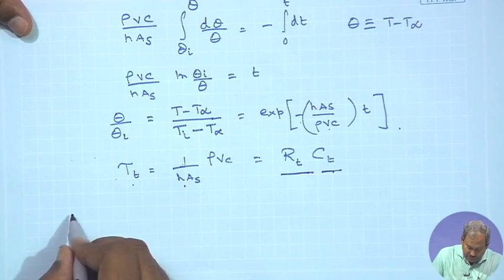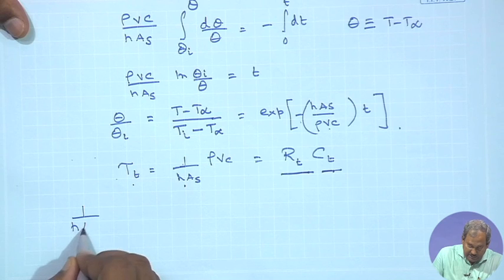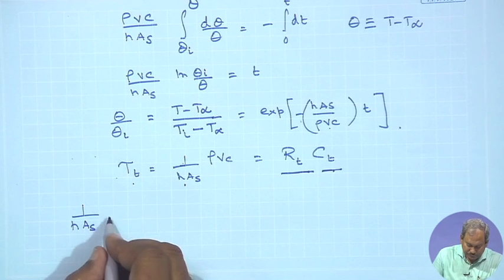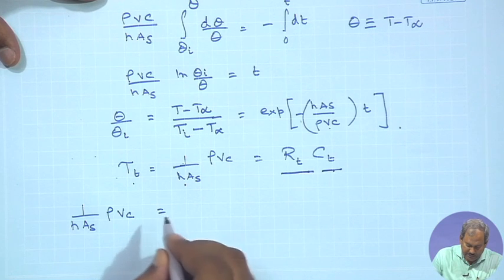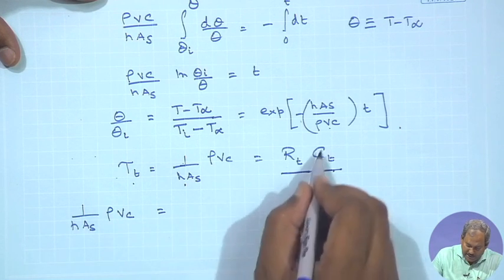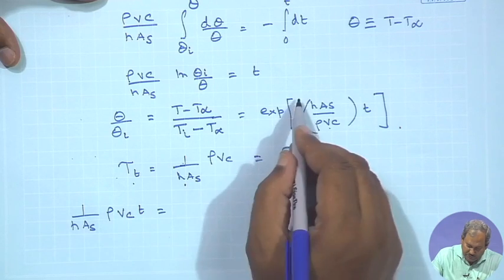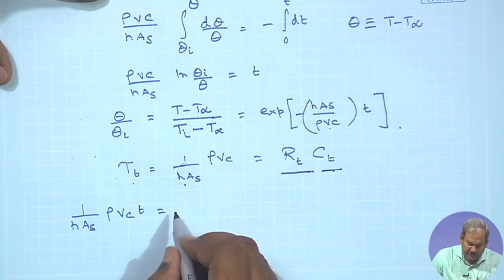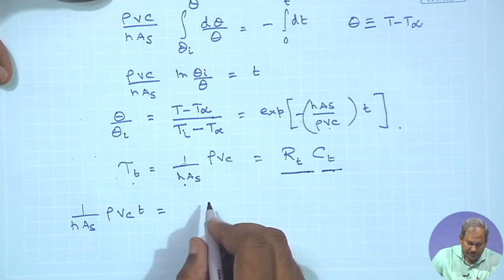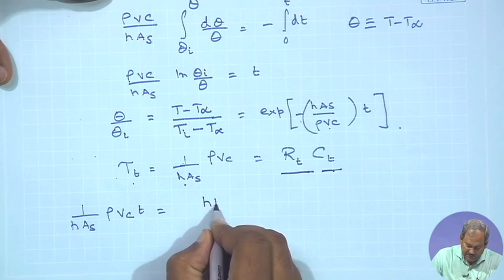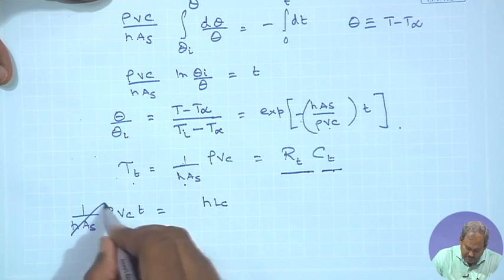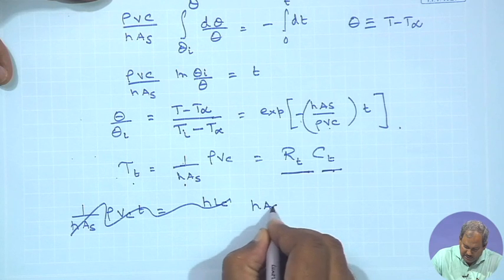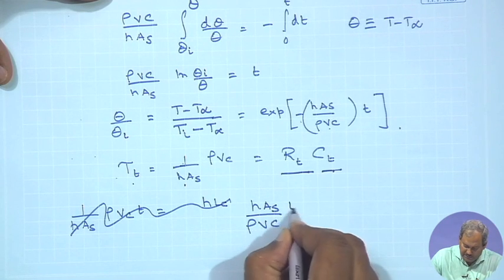So, I am going to start with the expression for tau t, which is 1 by h A s times rho V C, and I also have the time present in here. So, I am talking about the entire thing inside the exponential sign, which can be expressed as, I am sorry, the reverse way, h A s by rho V C times t.